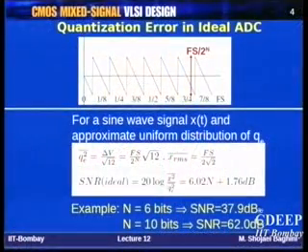Because if you have a number of bits n, you will get this maximum ideal SNR. Of course, this SNR increases if you increase the input signal amplitude. This is for full scale.